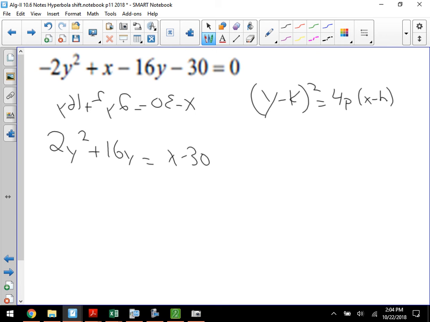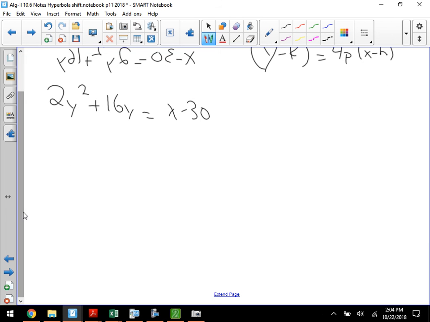I still got to complete the square. So what do I have to take out on the left? 2. Okay. And I'm just adding to the other side to keep it balanced. Yes.